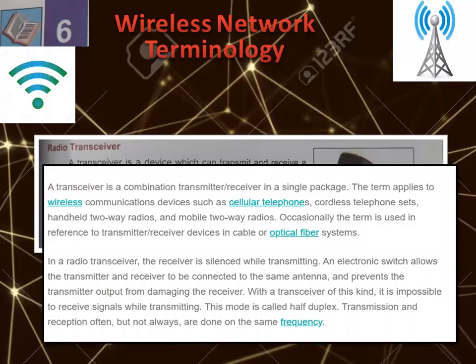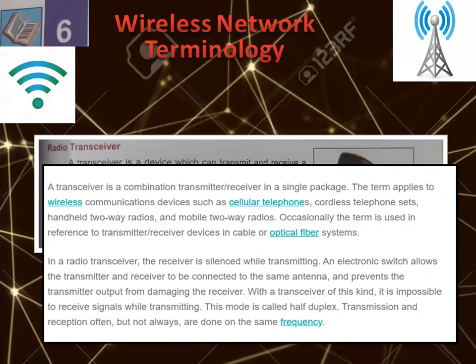So a transceiver is a combination transmitter and receiver in a single package. The term applies to wireless communication devices such as cellular telephones, cordless telephone sets, handheld two-way radios, and mobile two-way radios. Occasionally, the term is used in reference to transmitter-receiver devices in cable or optical fiber systems.